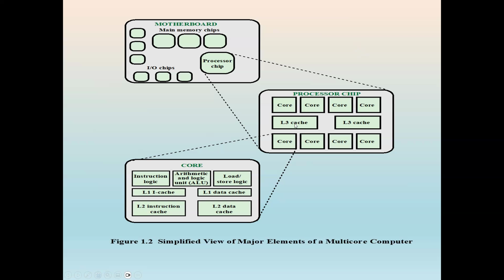Then we have level 3 caches between. So we have 8 cores and 2 level 3 caches. Not shown is the logic required to control the operations between the cores and the cache, and between the cores and the external circuitry on the motherboard.